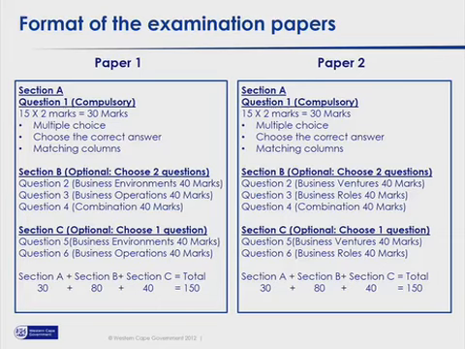I'm sure your teachers have also reminded you of the format of the exam paper. Question 1 will be 15 questions for 2 marks each, so a total of 30 marks. In section B for paper 1, question 2 will only have topics that fall under business environments. Question 3 will only have topics under business operations.